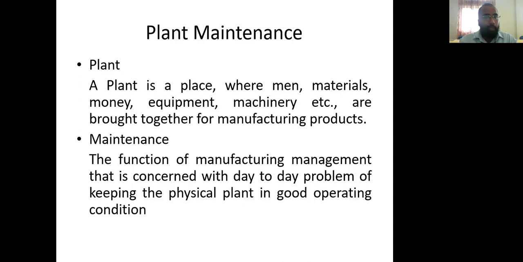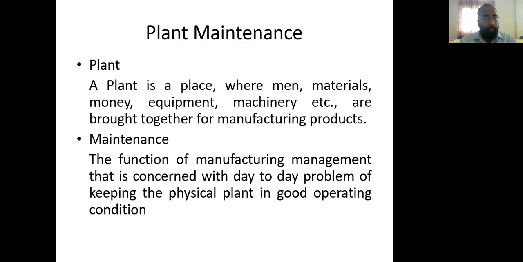So what is plant and what is maintenance, that I want to convey in the first slide. What is plant? Plant is nothing but a manufacturing firm or a place or an organization where all types of resources come together to do certain production or manufacturing operations.